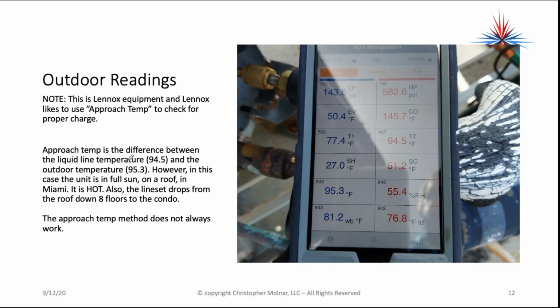Approach temp is the difference between the liquid line temperature, in this case 94.5, and the outdoor temperature, which is 95.3. However, in this case, the unit is in full sun, on a roof, in Miami. It's hot and humid. Also, the line set drops from the roof down 8 floors to the condo. The approach temp method doesn't always work. Don't rely on it by itself.